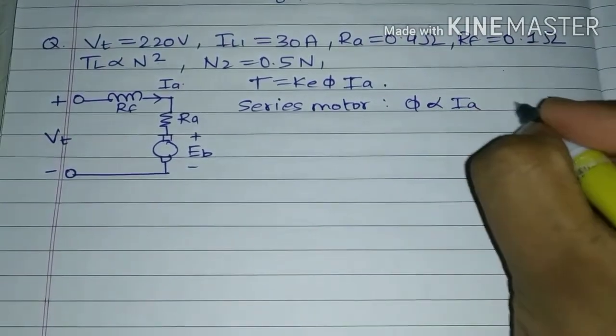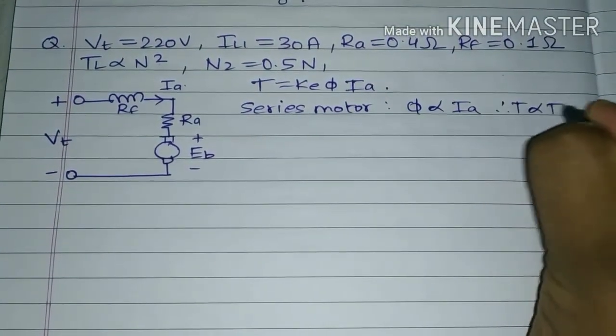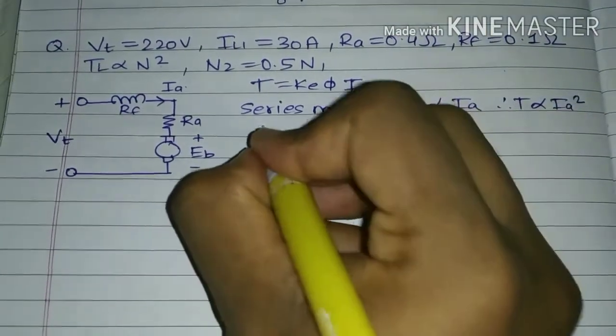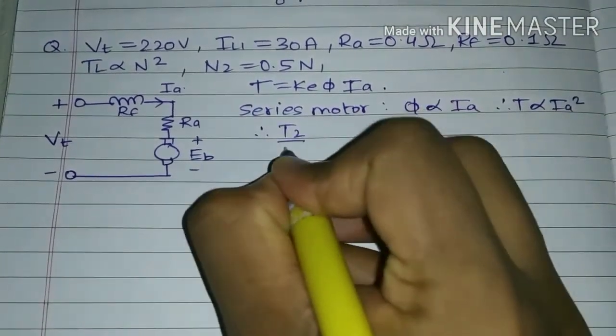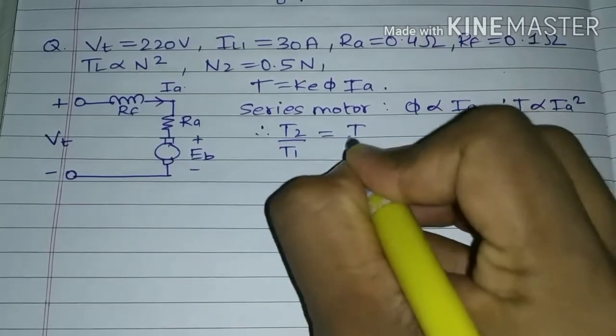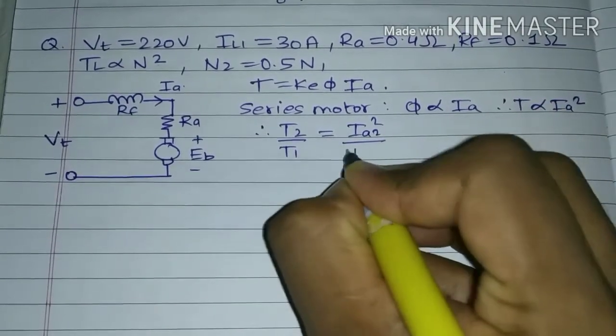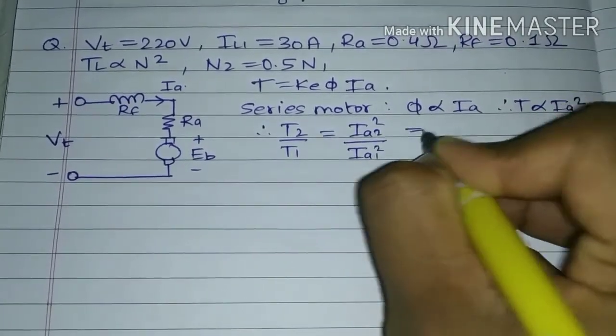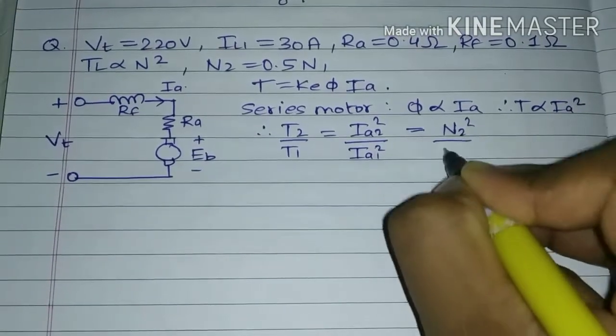Hence torque will be directly proportional to the square of the armature current. Therefore T2 upon T1 will be equal to Ia2 square upon Ia1 square, which is equal to N2 square upon N1 square.